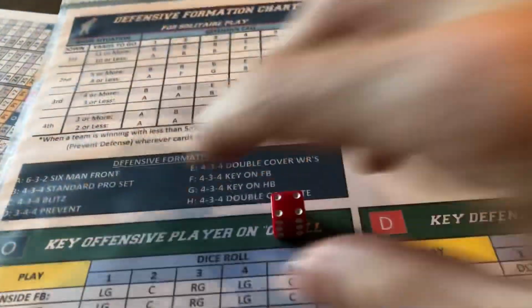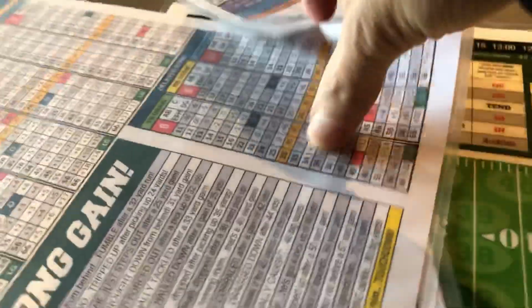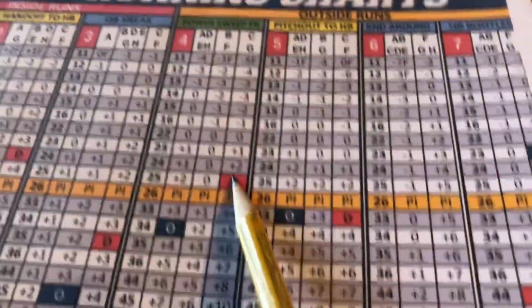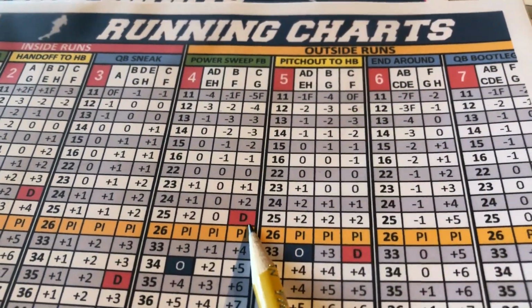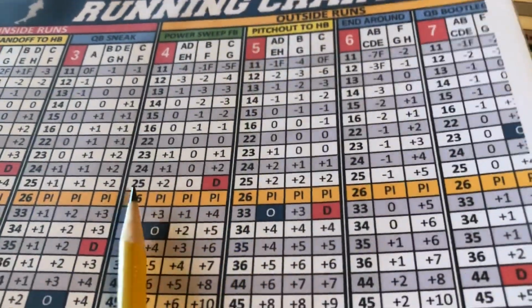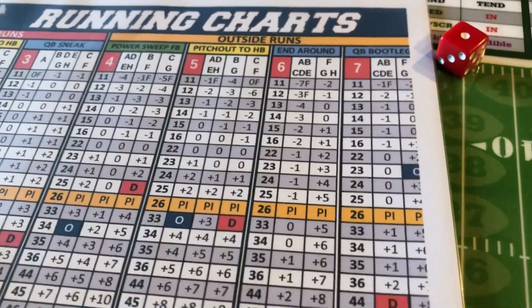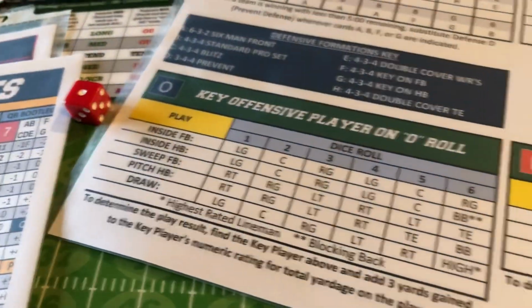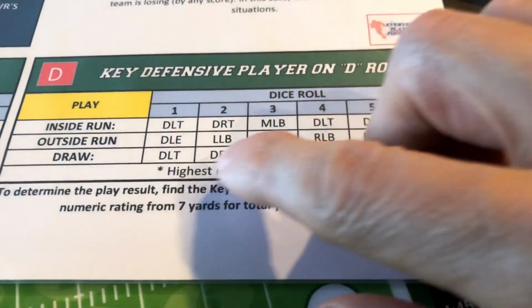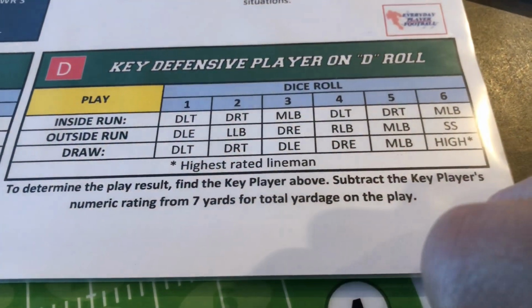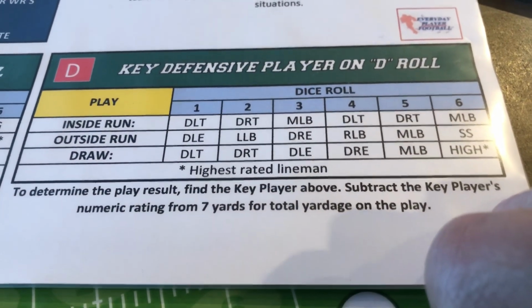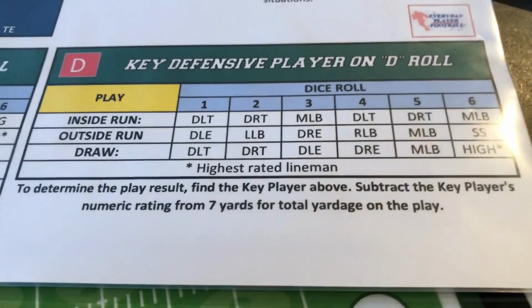Occasionally on a chart, you'll see this, which is a key defensive player. Let's say it's a power sweep to the fullback. The key defensive player on the play is, let's see, one. It's an outside run, so it's going to be the defensive left end.